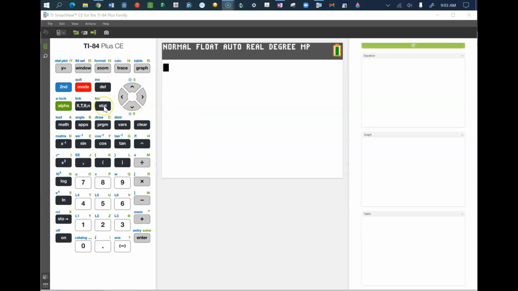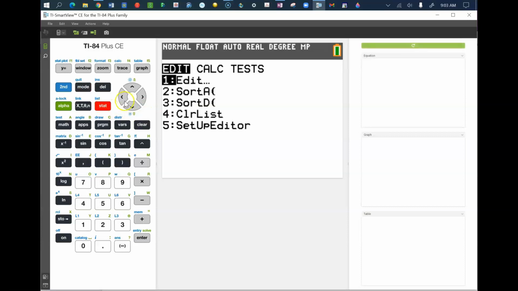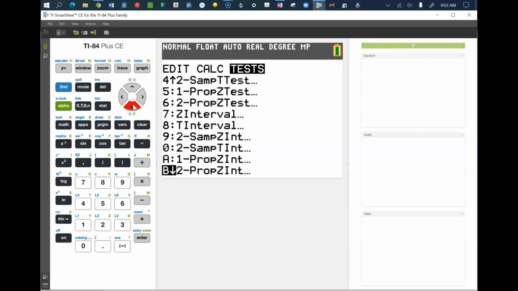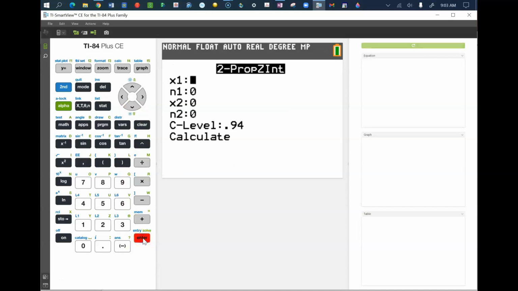If you don't get this right, it's not going to work for you. So first thing we do is select STAT, we go over to TESTS, and we're going to do a 2-PropZInt first. Scroll down until we find 2-PropZInt, 2 proportion z interval. Select that. Just like 1 proportion z interval, we have to put the number of successes in each trial.